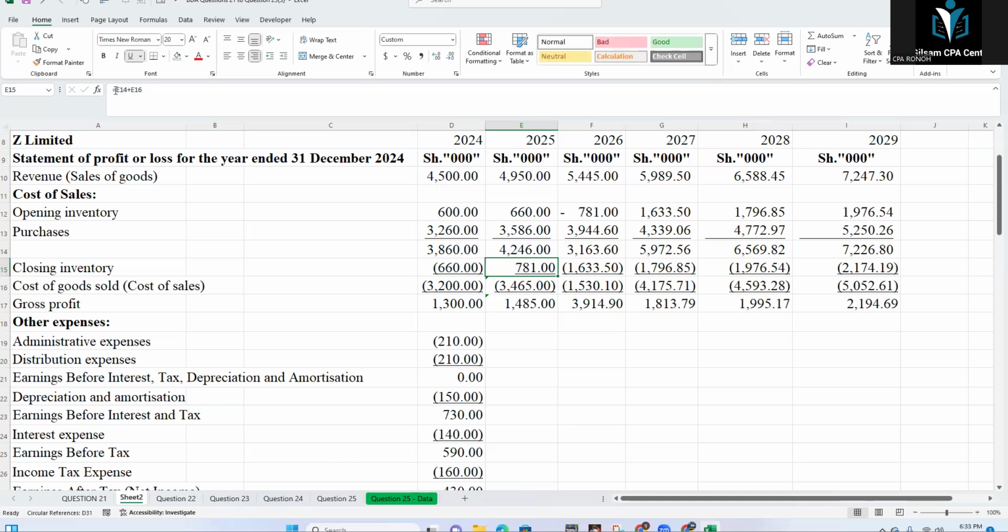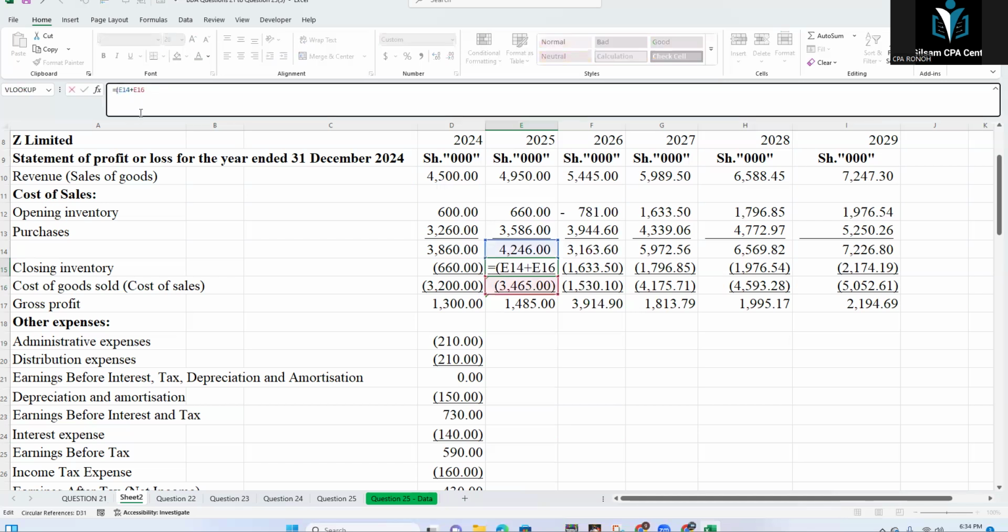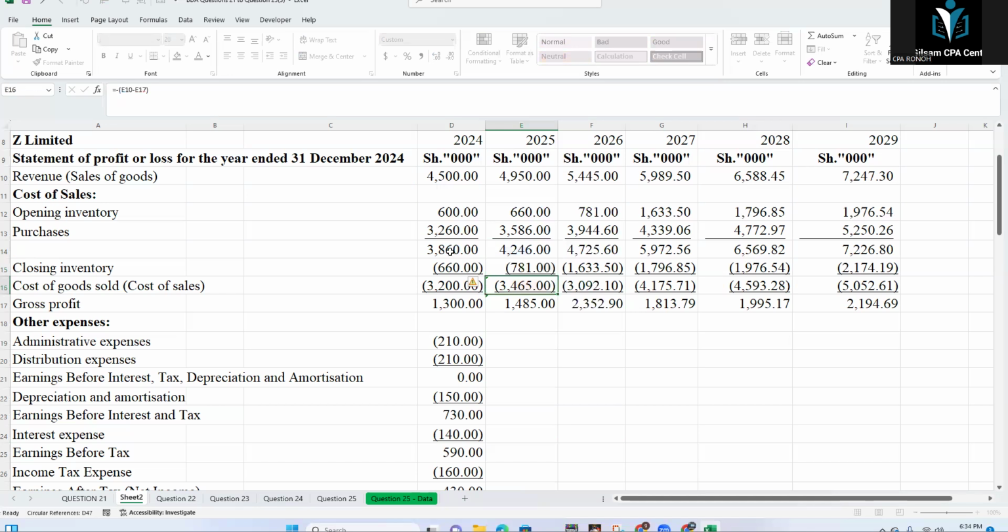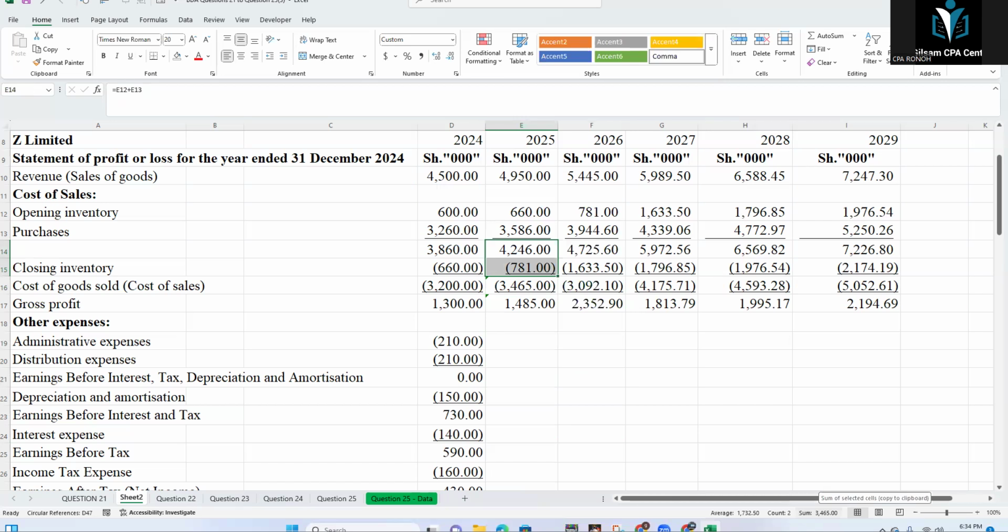Also, let's open the bracket and start with a negative. So if I add this, I should get 3465, which is this one. And then to give me a gross profit, this one should be the opening balance.